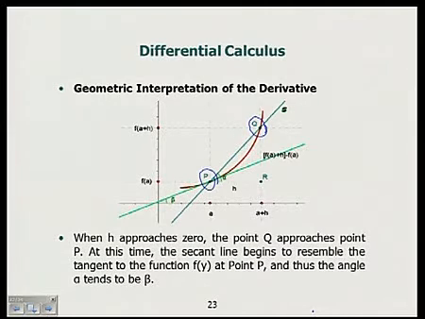At this time, the second line, this one, as you can see, begins to resemble the tangent to the function f of y at the point P. And thus the angle alpha tends to beta. This is the geometric interpretation of the derivative of a function as Leibniz and Newton made.